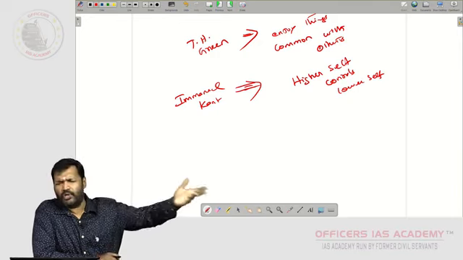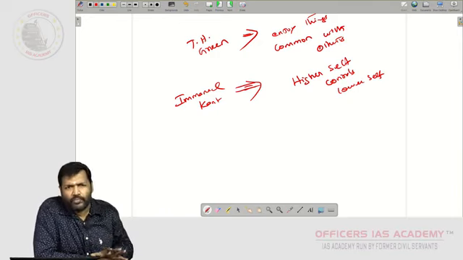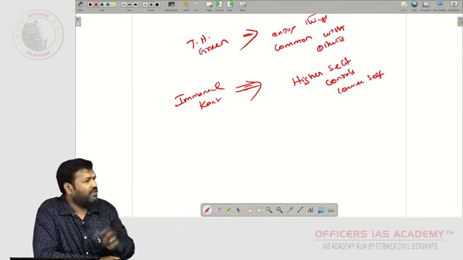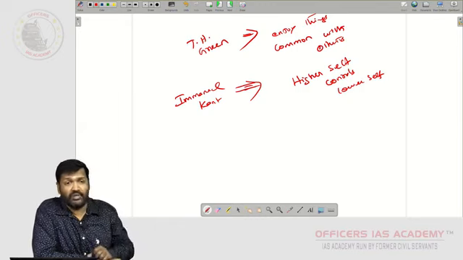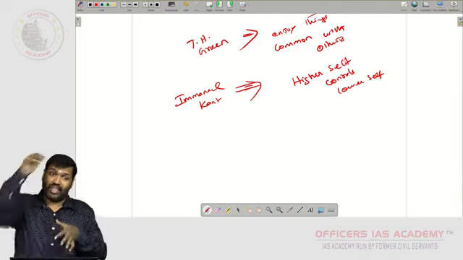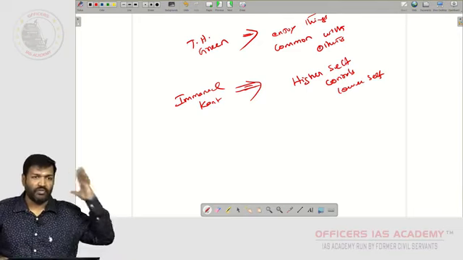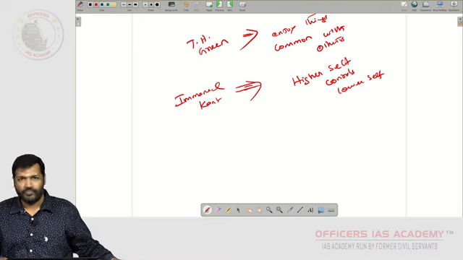Similar notions would be put by Jean-Jacques Rousseau also. The general will and real will. Okay, actual will and real will. When your real will controls your actual will, in case of Jean-Jacques Rousseau.